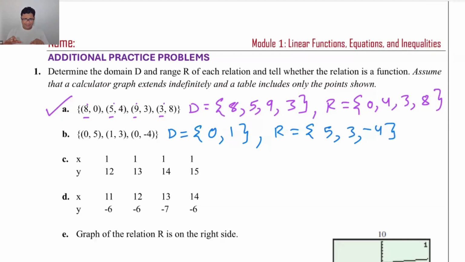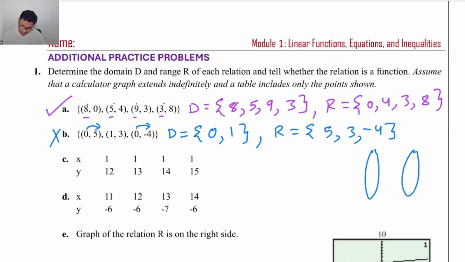And when ordered pairs are given, this is a telltale sign. If your range is larger than the domain, it's not a function because something must have repeated, right? And you notice that 0 is mapped to 5 and 0 is also mapped to -4. It's not a function.